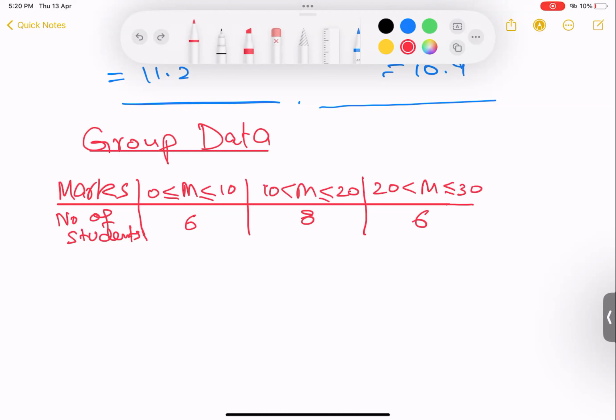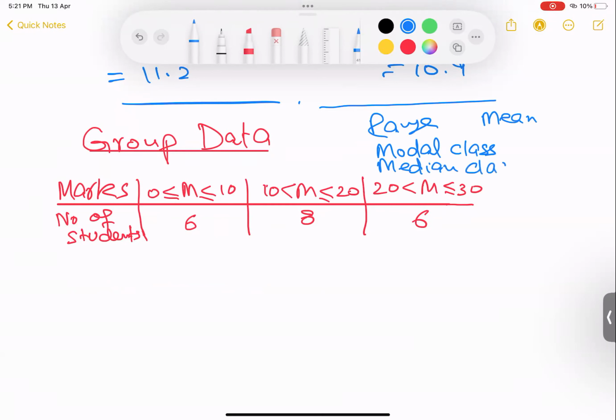So let's start. The examiner can ask you again 4 things this time. He can ask you range, he can ask you modal class. He asked not mode, modal class, same like a mode. He can ask you mean. He can ask you median class.